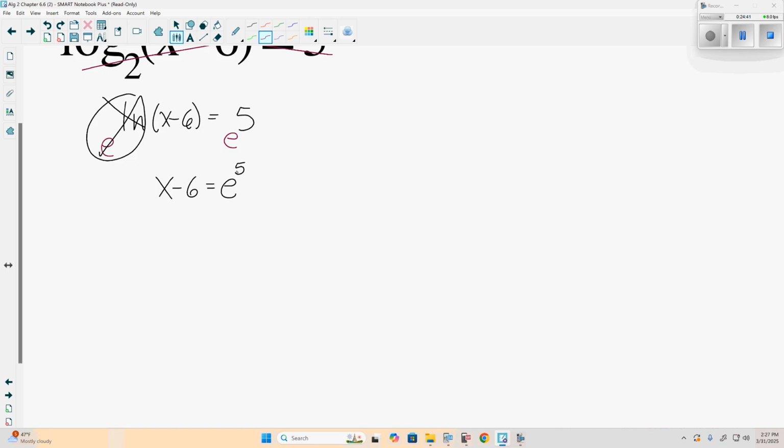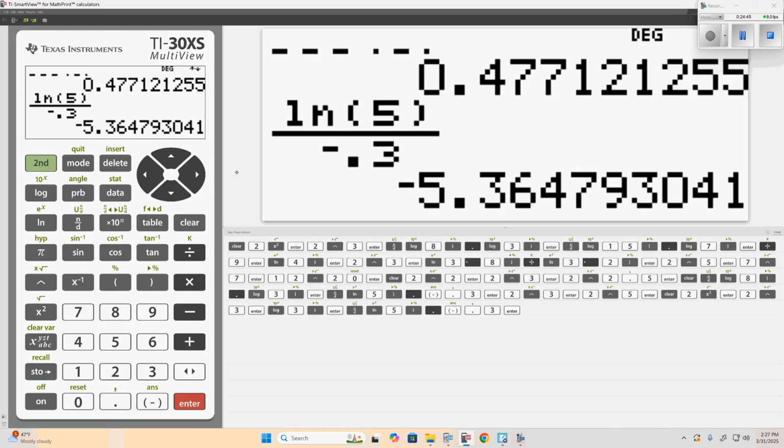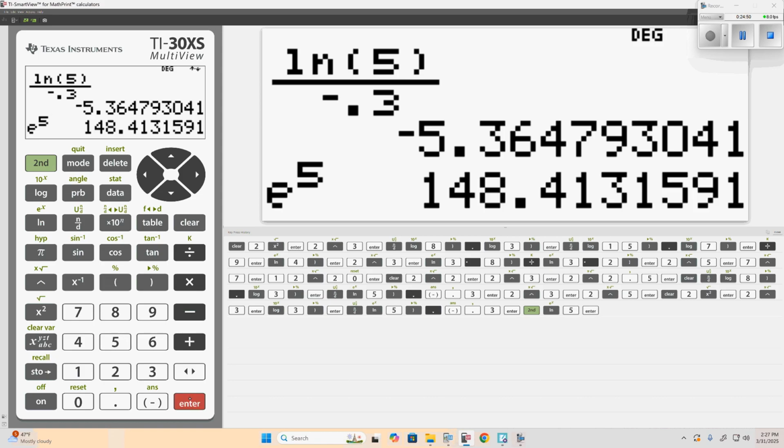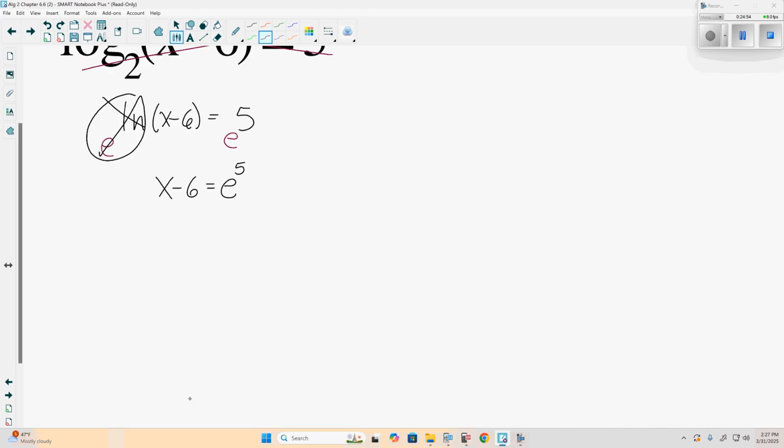Is e to the 5th a nice number? We can check and see. e is irrational. e is a non-repeating, non-terminating decimal, so we'll leave it as e to the 5th.